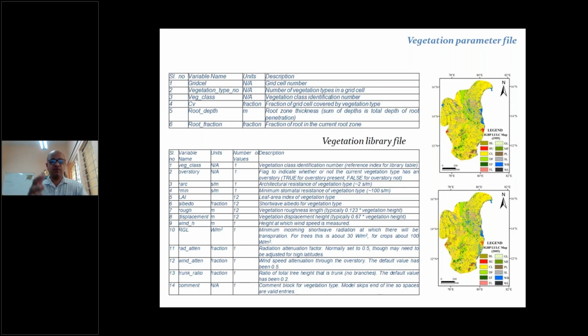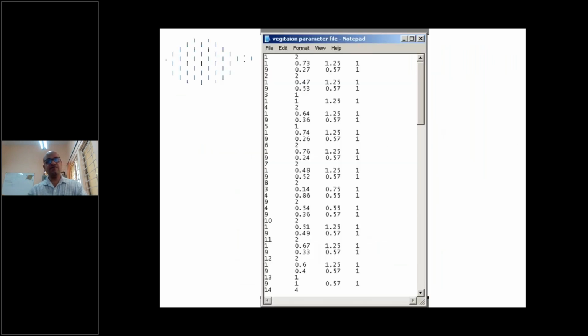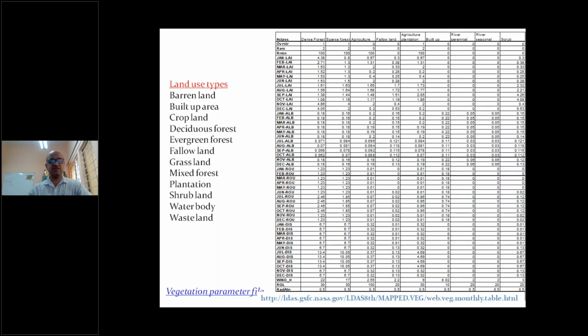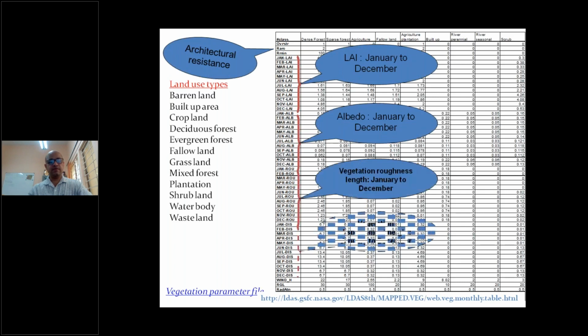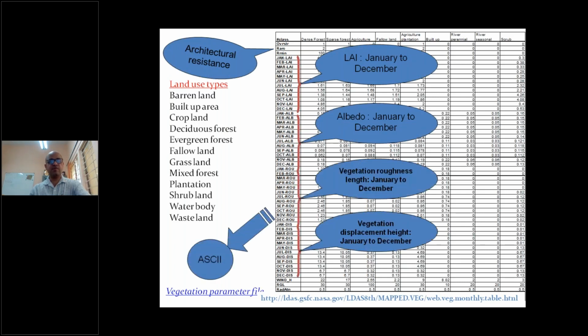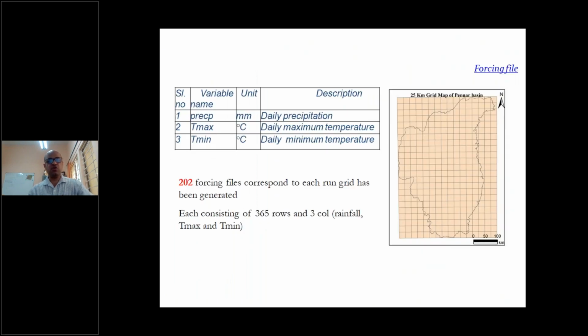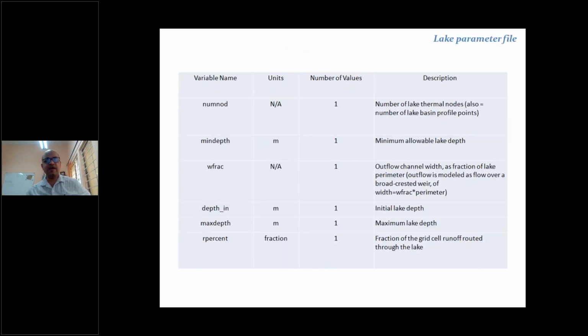They will not remain the same for all seasons. Those seasonal or monthly changes can be represented in the vegetative library file, which we derived using remote sensing data. These include LAI, albedo, and radiation, all given in the vegetative library file.